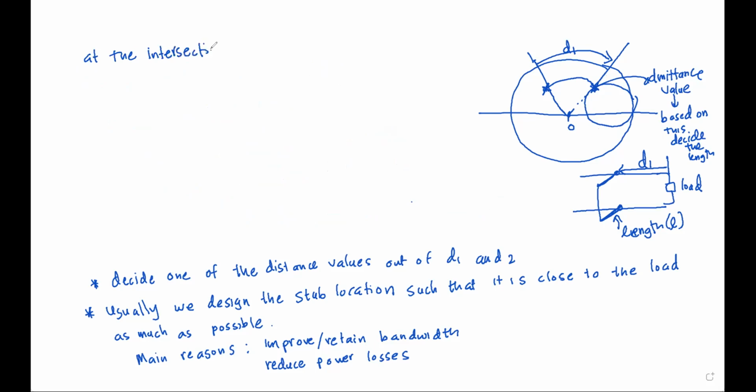Based on your calculations, you can find out the intersecting points' impedance. So I will go ahead with the values I have. You can use your Smith chart and your calculations, and you can decide the intersecting points' admittance values based on that.